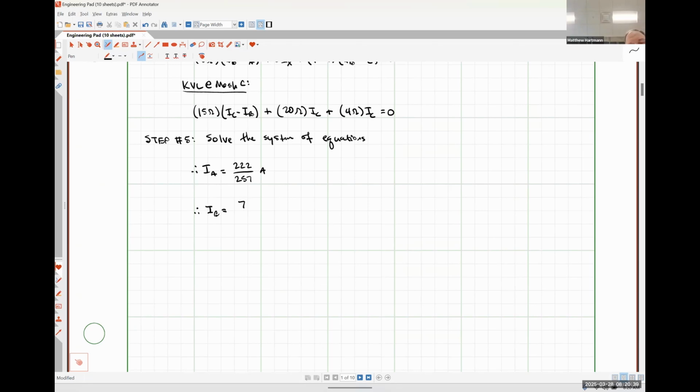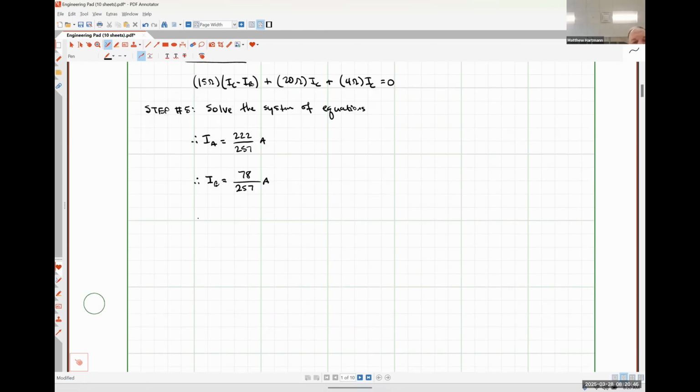IB was 78 over 257 amps. And lastly, IC came out to be 30 over 257 amps.